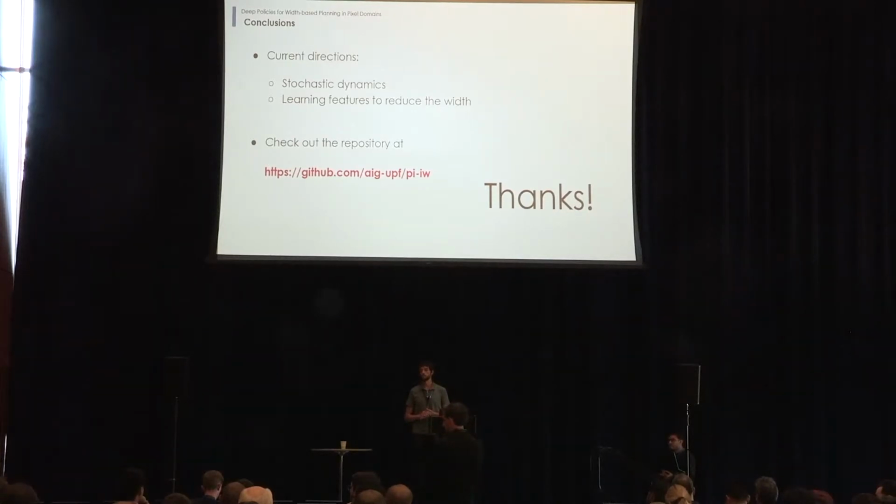And does it have to be width 1, or is that something that you tune during search? Well, the complexity of the algorithm is exponential in that width. So we didn't try higher widths, because every planning step would take a lot more time. Okay.